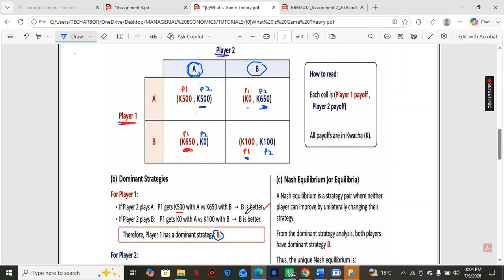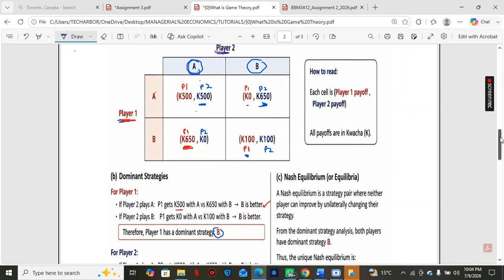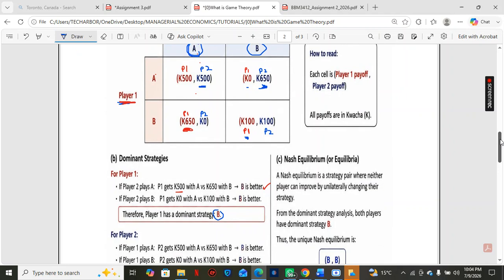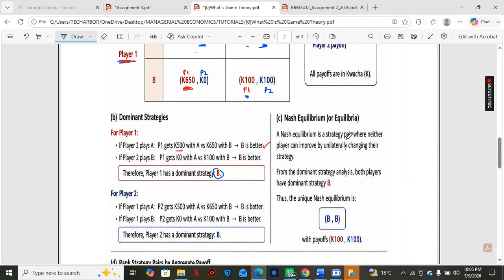Any questions before we go to the dominant strategy for player 2? Okay. So player 2's dominant strategy is going to be based on what player 1 is going to pick.